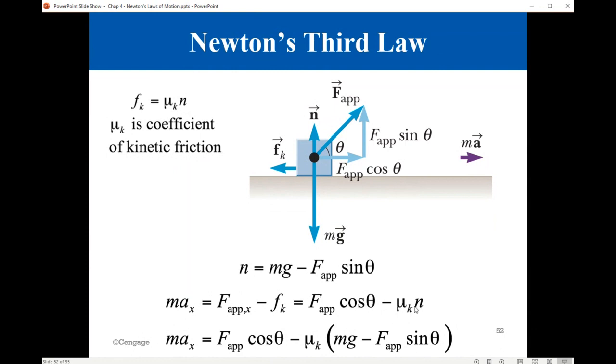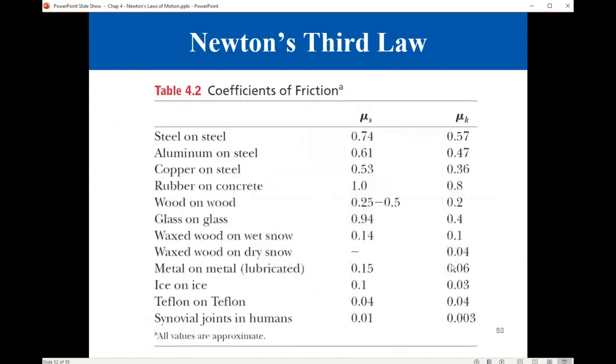So here, if we substitute for n from this relationship between n, mg, and the component of the force, then we end up with this result for the motion along the x-axis. In this table, you see values for the coefficient of kinetic friction and the coefficient of static friction.